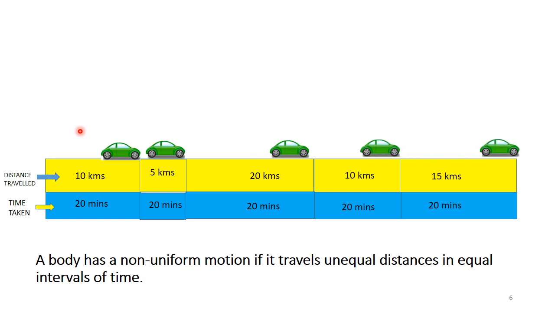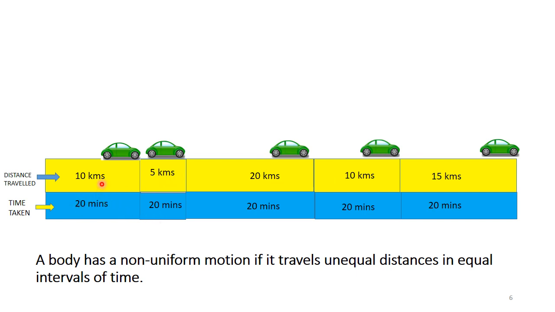For the next phase, the car travels a distance of 15 kilometers and the time taken to cover this distance is 20 minutes. So here we see that the car is actually traveling unequal distances in each phase, but the time taken to cover these unequal distances in each phase is equal.